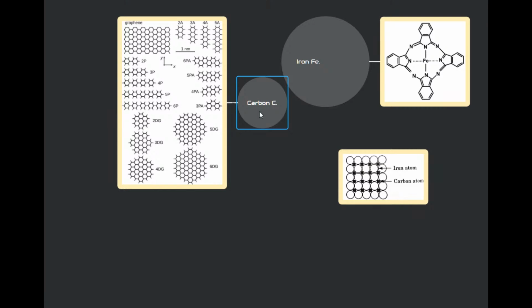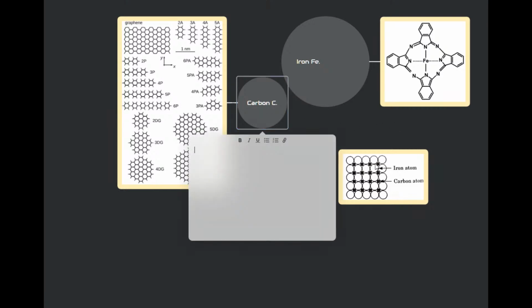Okay, types of carbon means... Or maybe I'm getting this wrong.